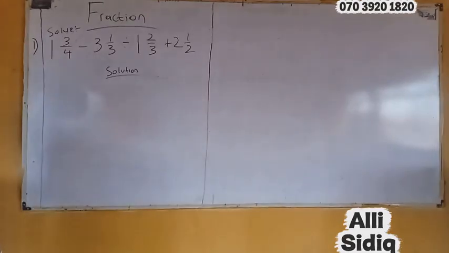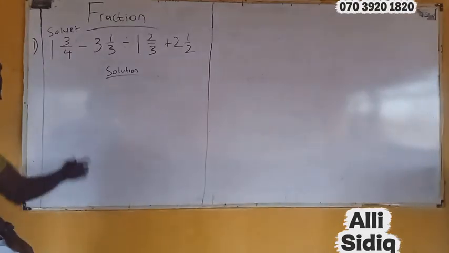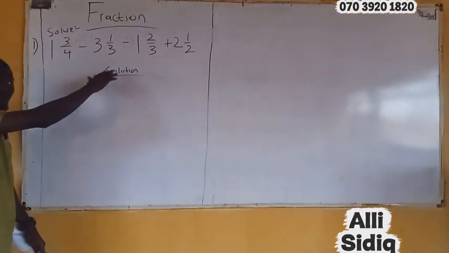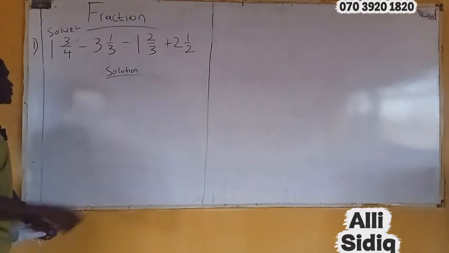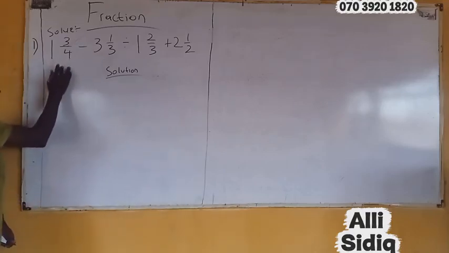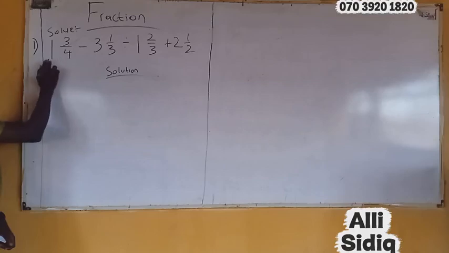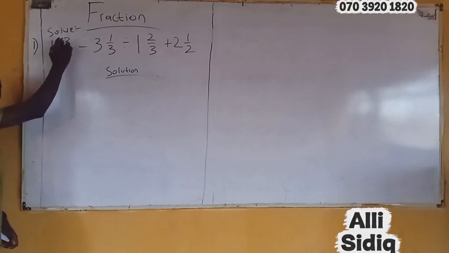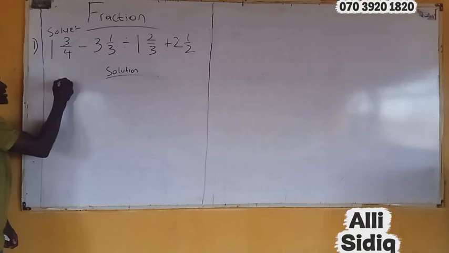Now to solve this, the first thing you need to do is to take these to improper fractions. So to take this to an improper fraction: 4 times the whole number that you have, 4 times 1 is 4, plus 3 gives you 7. Then you have 7 over 4.